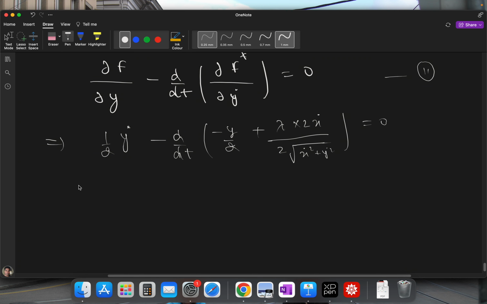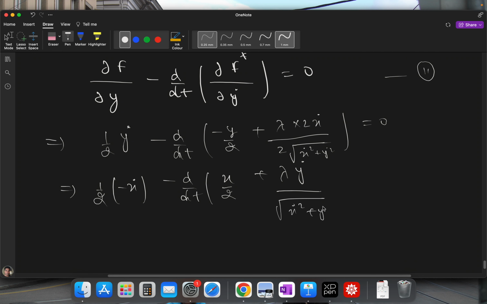And from the second equation you will get 1 by 2 minus x dot minus d by dt of (x by 2 plus lambda y dot divided by square root of x dot square plus y dot square) equal to 0. Okay, these are the two equations. Then what will we do?